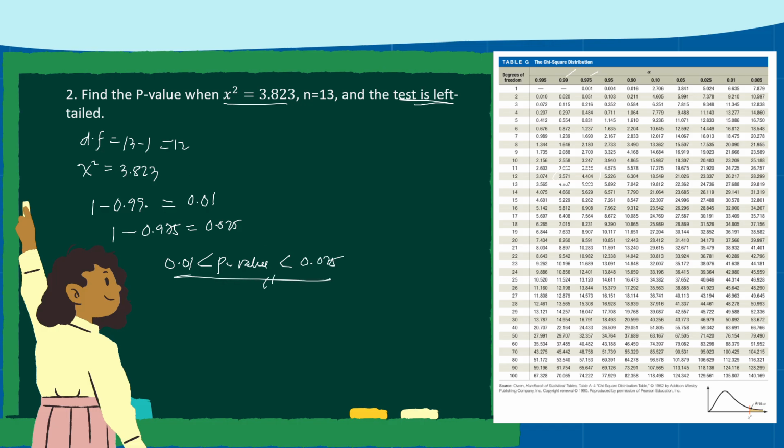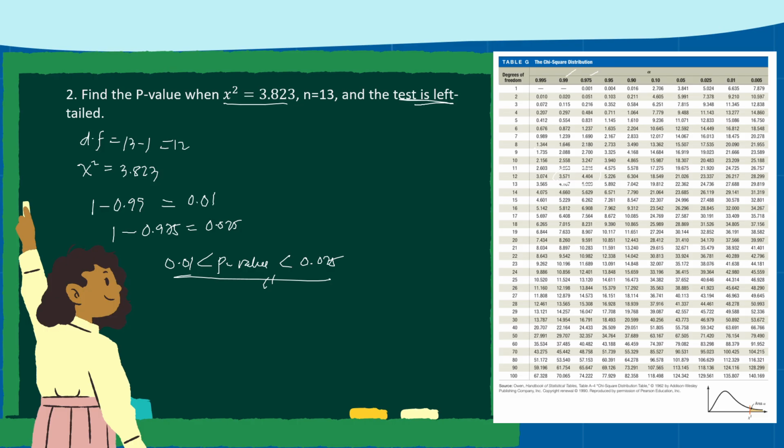So 1 minus 0.99 and the other one is 1 minus 0.975, for 3.571 and 4.04. So the p-value is between 0.01 and 0.025. That's how to get the p-value.